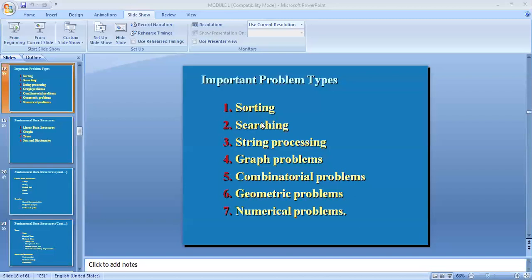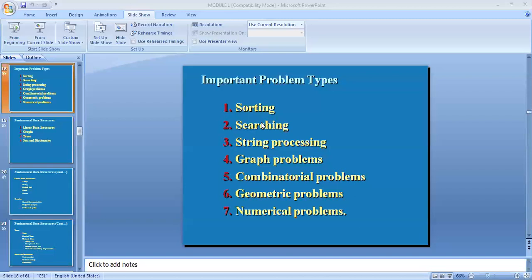Next is string processing. A string is a sequence of characters or collection of characters. It's mainly used in string handling algorithms.